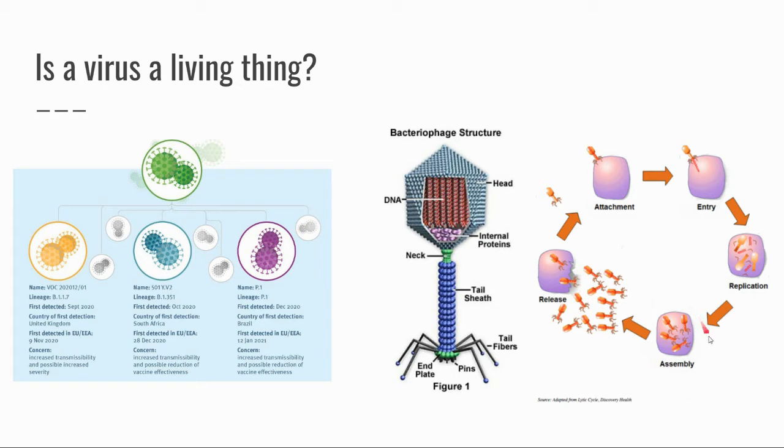And then it assembles itself inside the cell. There are actually two different paths that the cell can take after this happens.